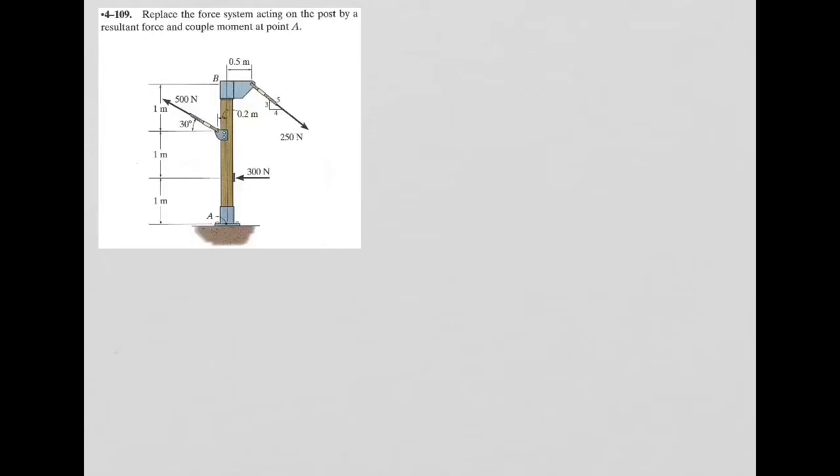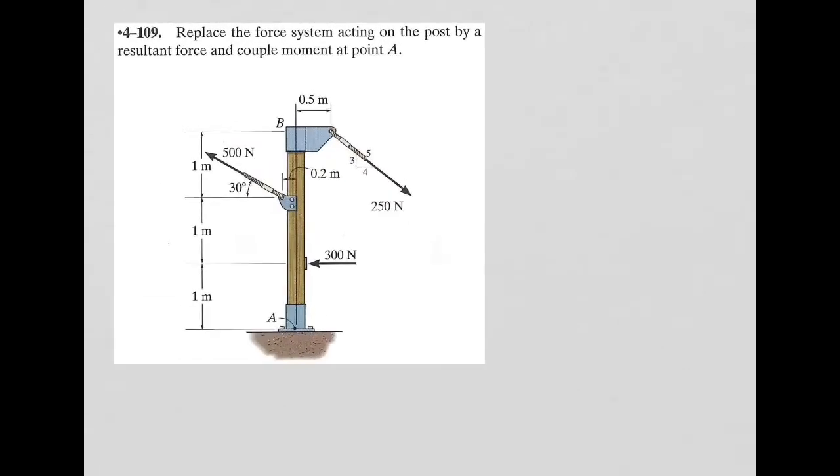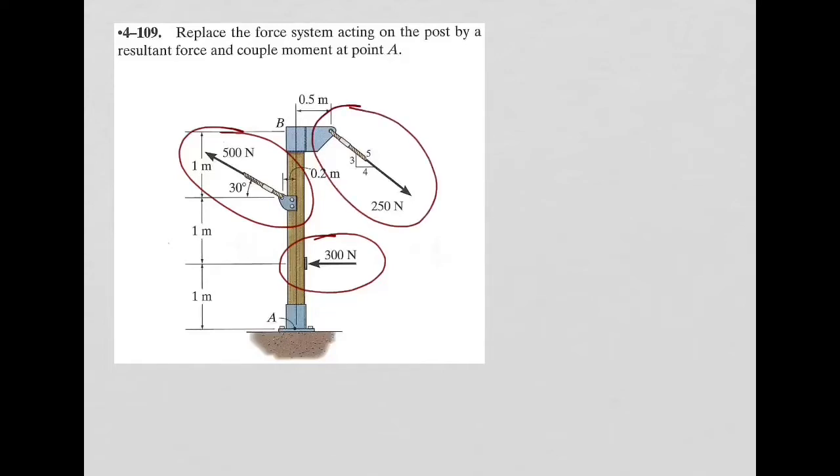You have this 300 newtons horizontal force applied at this point. You have this 500 newtons, this force in this cable that is applied in that point there. And you have another force here. So you have a 3D rigid body with 3 different forces applied at 3 different points.